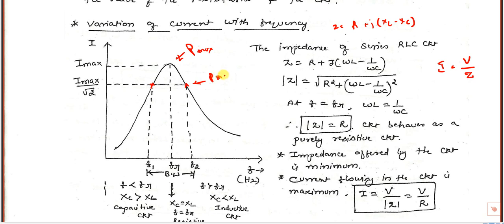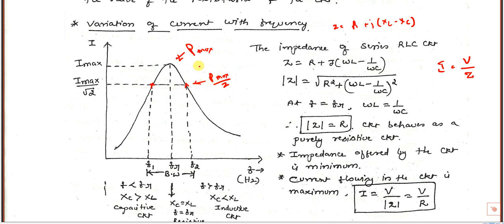So let us consider these two points as P max by 2. F1 and F2 are called half power frequencies. F0 has maximum power, at the resonance frequency, and at F1 and F2 you are getting half of the maximum power.